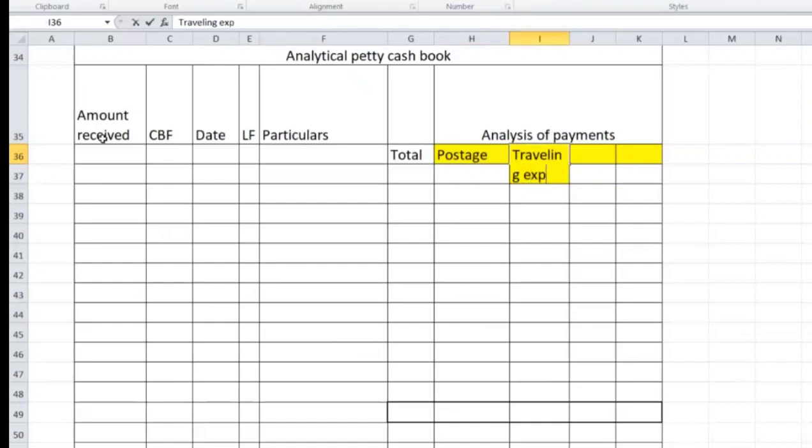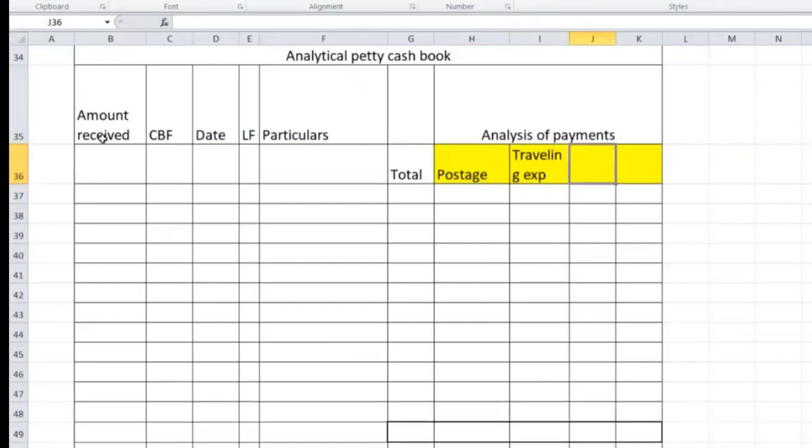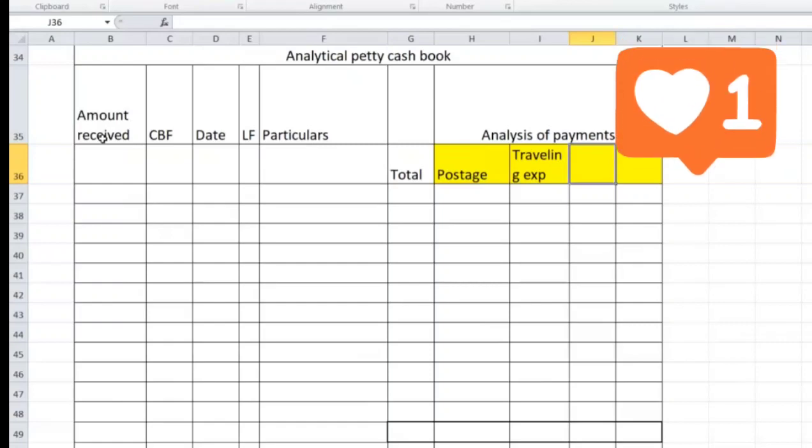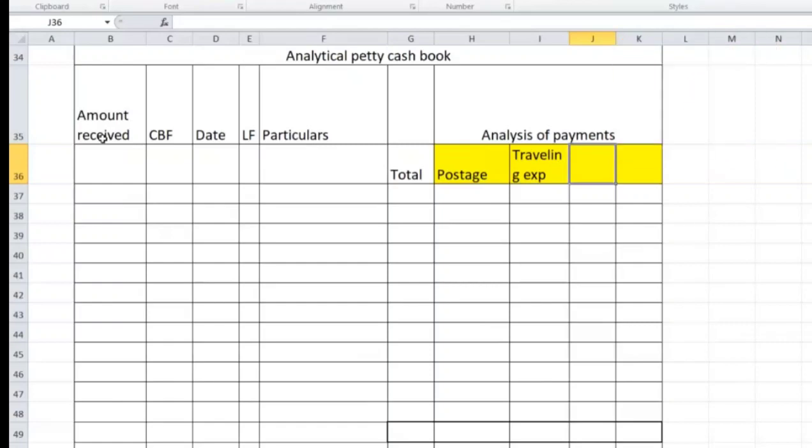Next, what else can we give? Refreshments are there, cartage is there, cleaning is there, subscription is there. So I'm taking refreshments, and then the next one, miscellaneous.